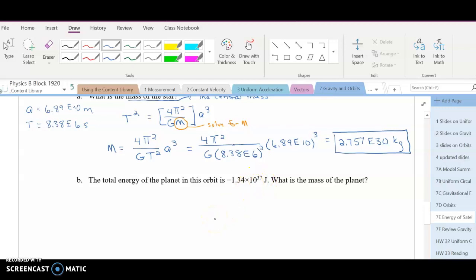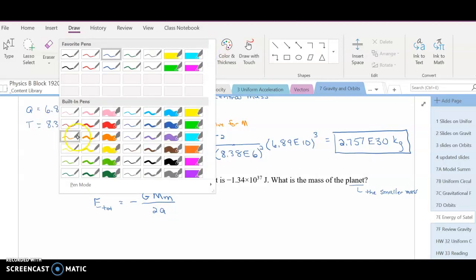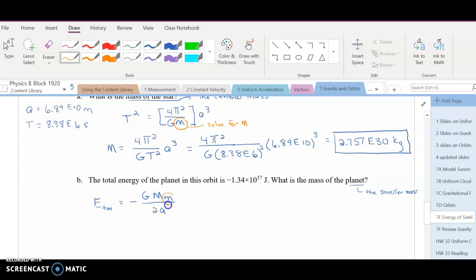We want to know the mass of the planet, and that is the smaller mass. And so I'm going to use the equation for the total energy of a satellite in an elliptical orbit. That's negative G times the product of the masses divided by 2 times the semi-major axis. It's semi-major axis because this is an elliptical orbit, and I'm going to want to solve for the smaller mass.